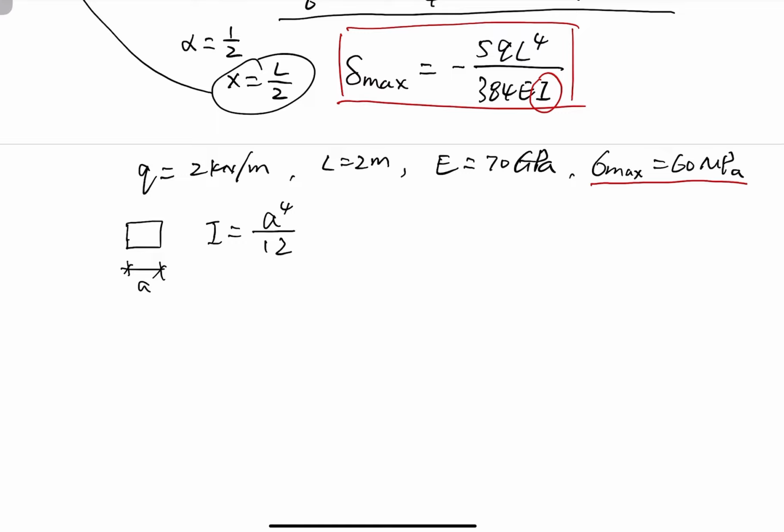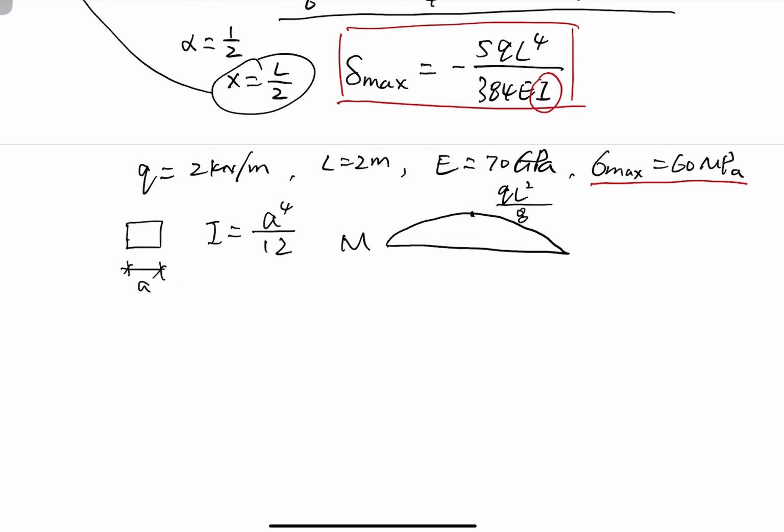And we also know the bending moment diagram on this beam is like this. The maximum bending moment is at mid-span and is qL squared over 8.